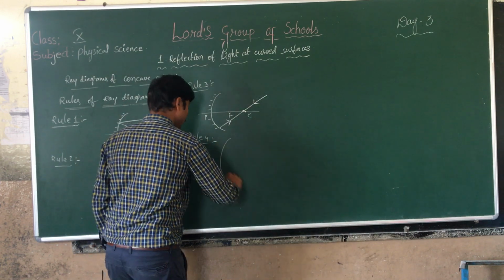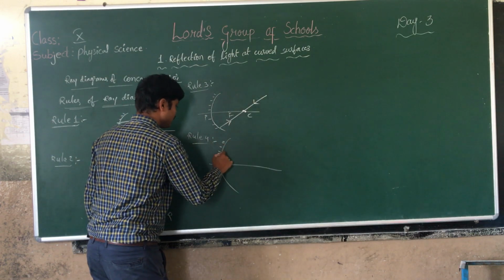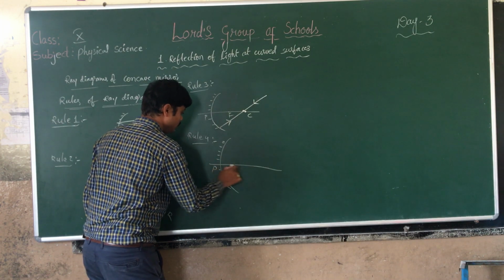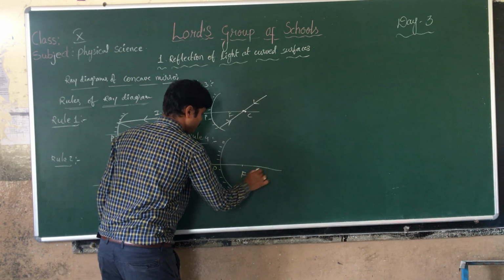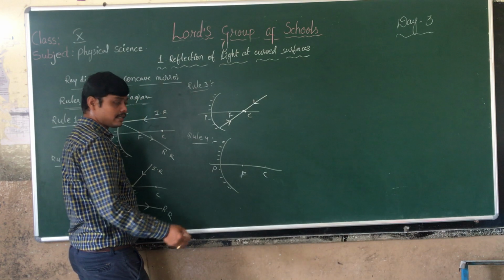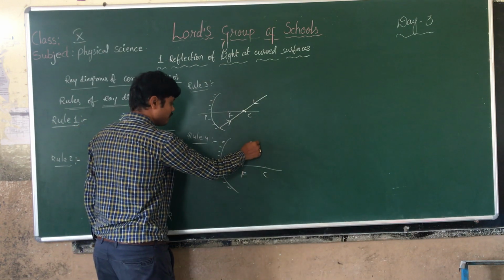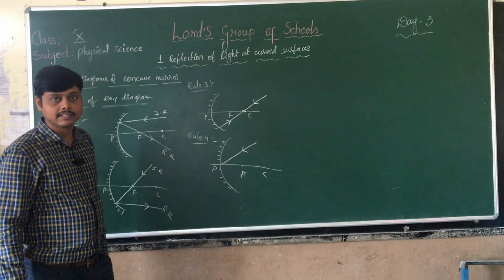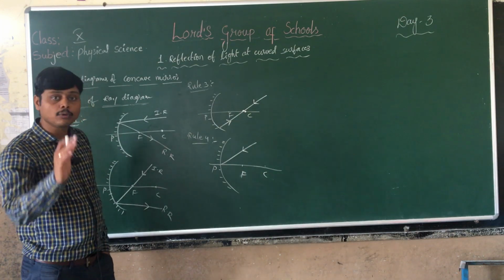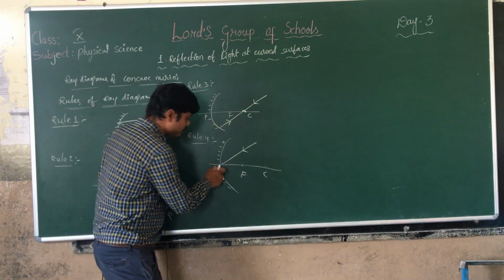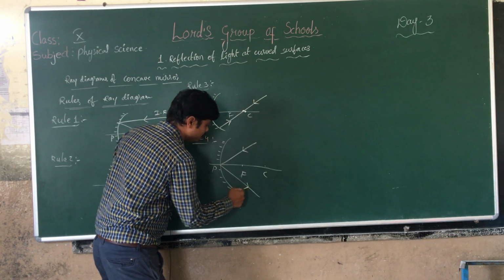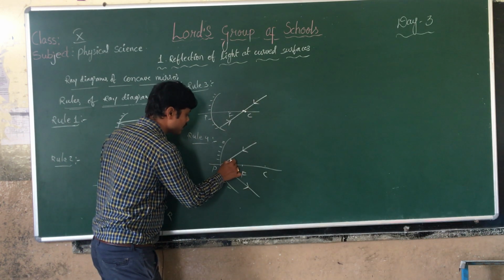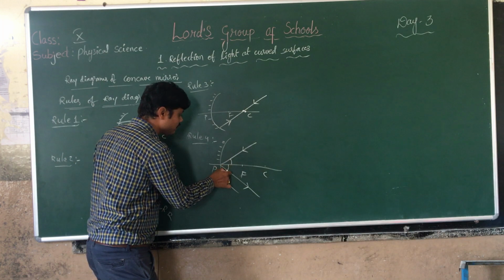In this rule 4, again a concave mirror, pole, focus, center of curvature. Let us take a light ray which is falling on the pole of the mirror. The incident ray is incident at the pole of the mirror. Now the reflected ray will be in this manner, where the angle made by the incident ray must be equal to the angle made by the reflected ray.